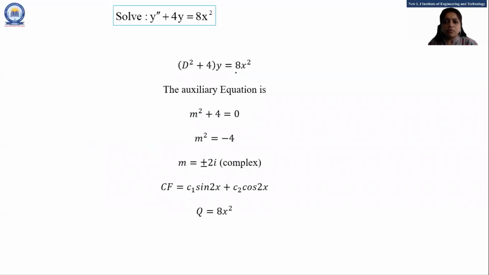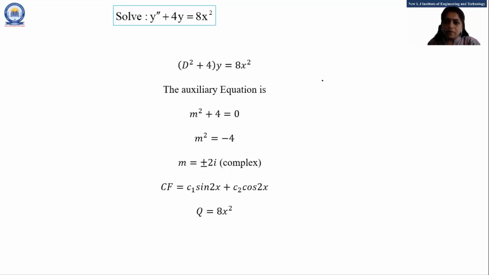See, here our question is y double dash plus 4y is equal to 8x square. And you may solve this example with shortcut method also. But if you are asked to solve with the undetermined coefficient method, then in this method, you have to find two parts.